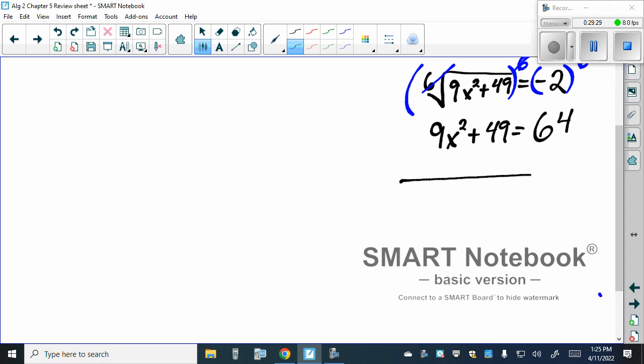Now at this point here, we can subtract 49 from both sides, which would tell us that 9x squared is equal to 15.